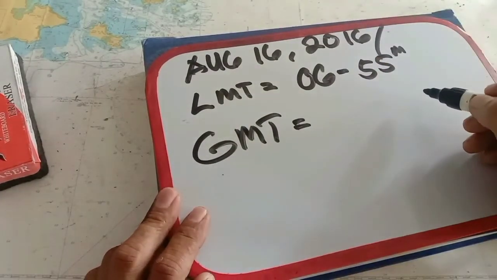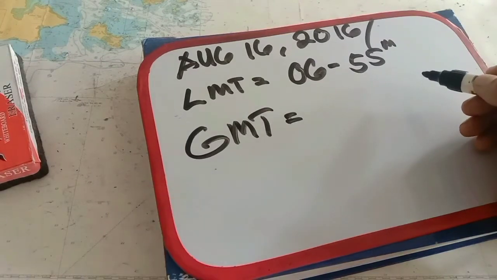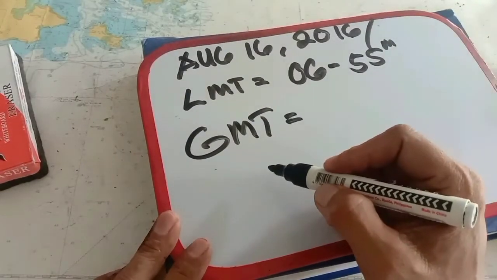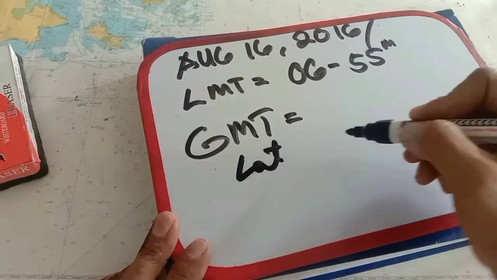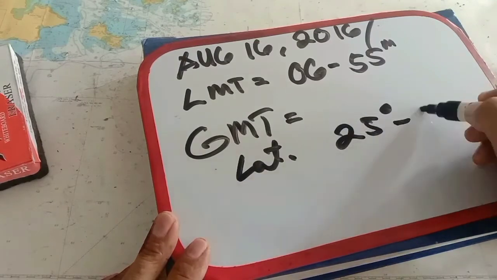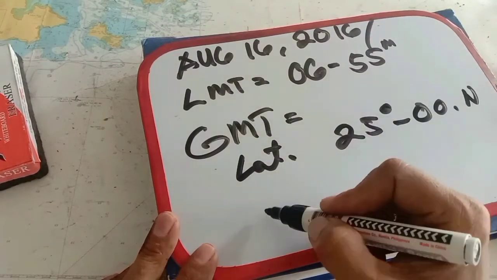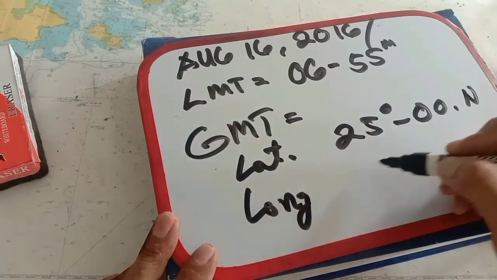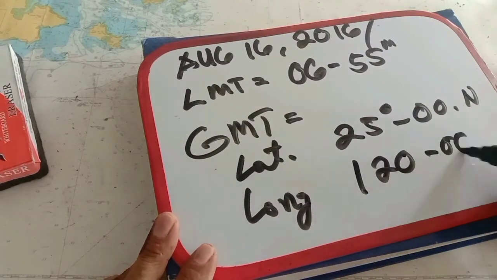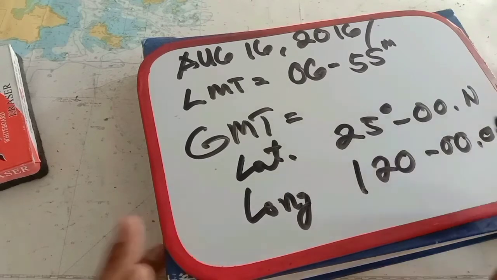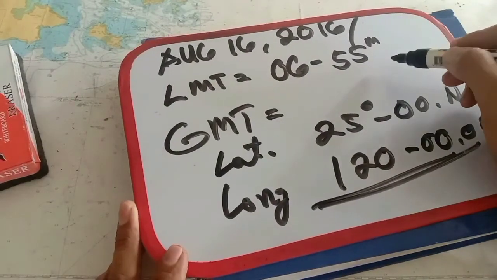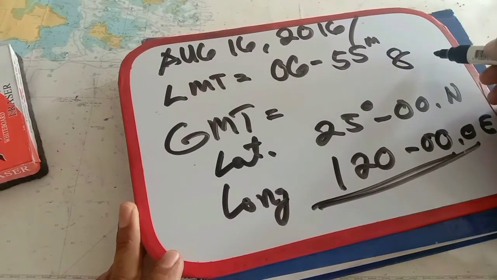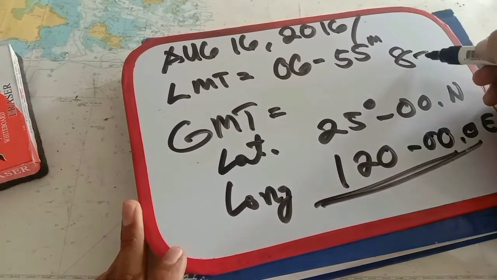So, applying the zone description to the present position. Your position is latitude 25 degrees 00 minutes north and longitude 120 degrees east. Now, for this longitude, the zone description is 8, minus to the GMT.